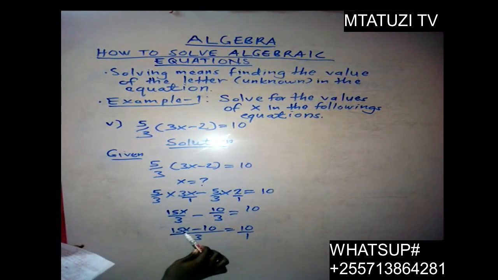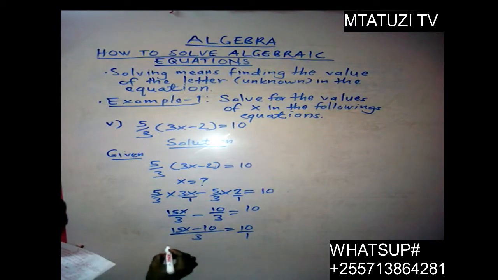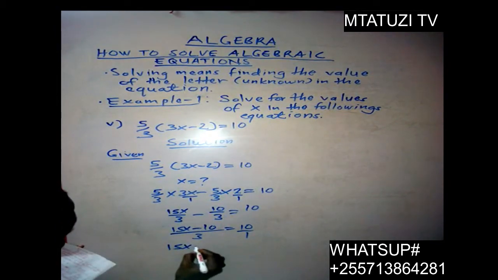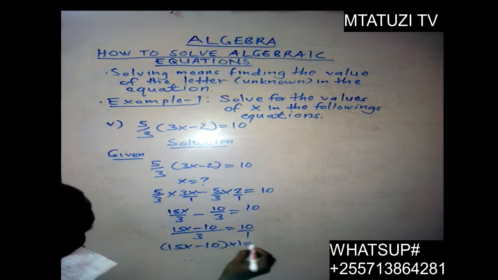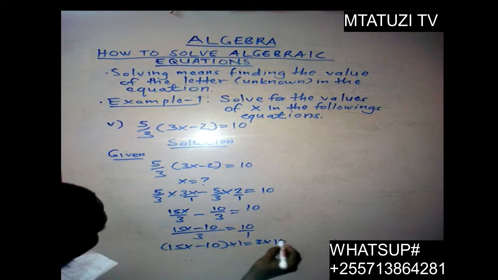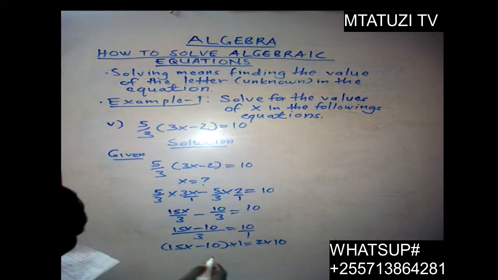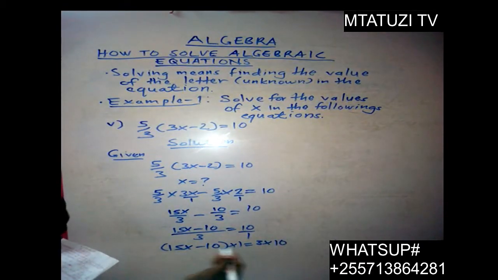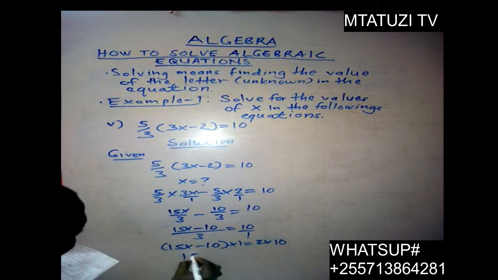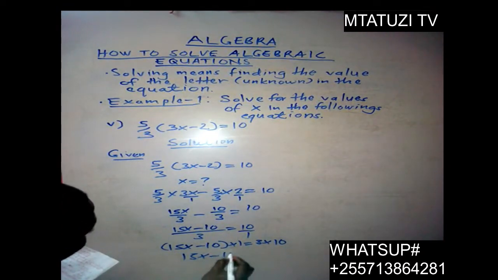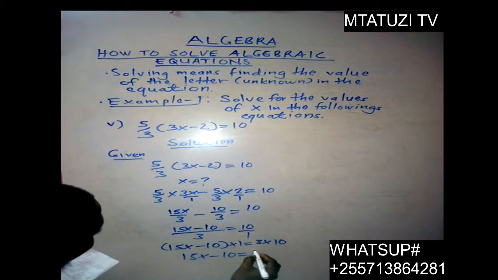So take 15x minus 10 in the bracket times 1 is equal to 3 times 10. Now we open the bracket by multiplying 1 in each term, we get 15x minus 10 is equal to 30.